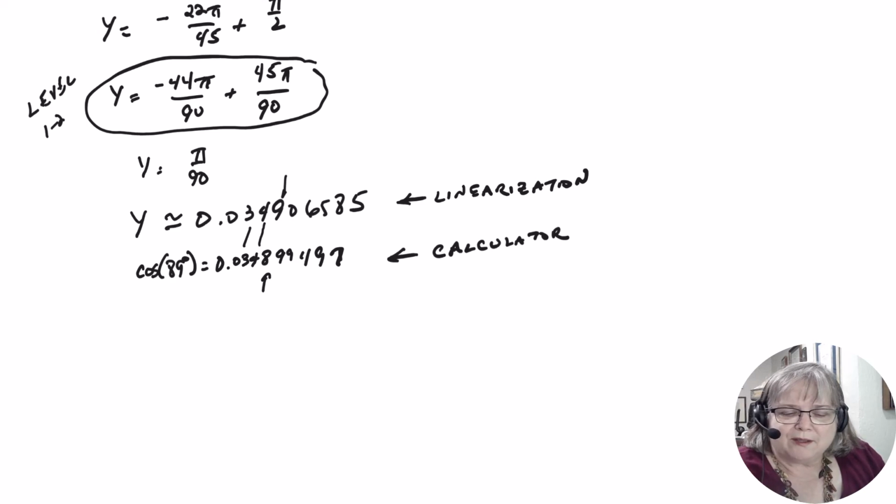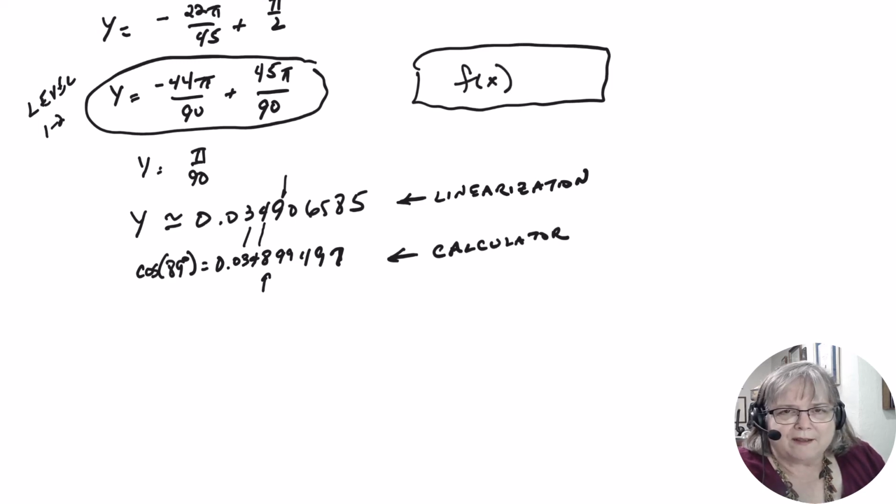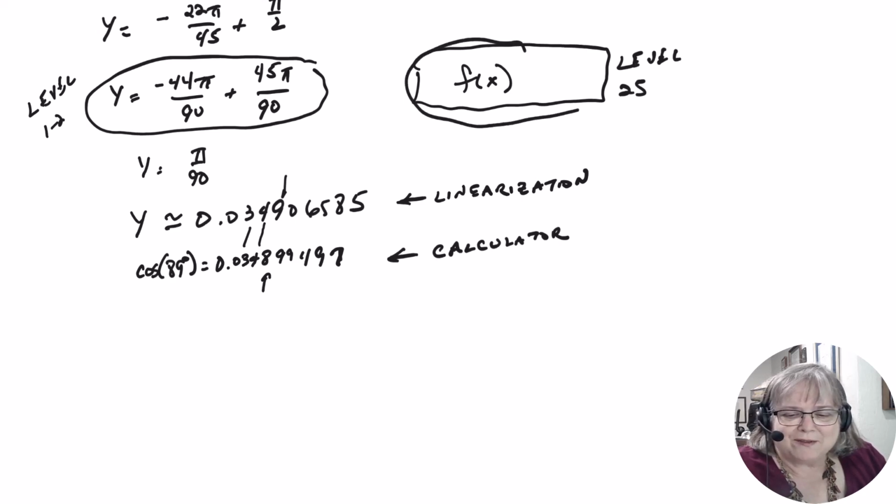But rather than this cosine thing, let's consider that you've got some sort of function that's really quite complicated. Maybe it's something that's been put into a computer, with multiple steps that all feed into each other. This one feeds into that one, feeds into this one. And this is a level of difficulty, let's say, of 25. So the question is, do you want to try to do a level difficulty of 25 by hand, or do you want to do a level 1 or 2? Well, I would think 1 or 2.